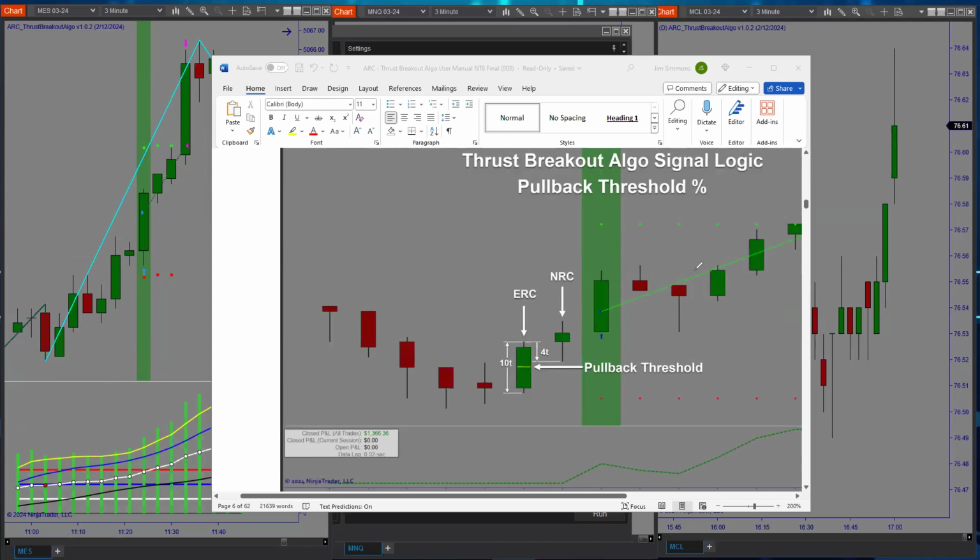Then we have a setting where we can define how deep we allow the base candles to pull into the extended range candles. The idea behind this is you're using up liquidity.